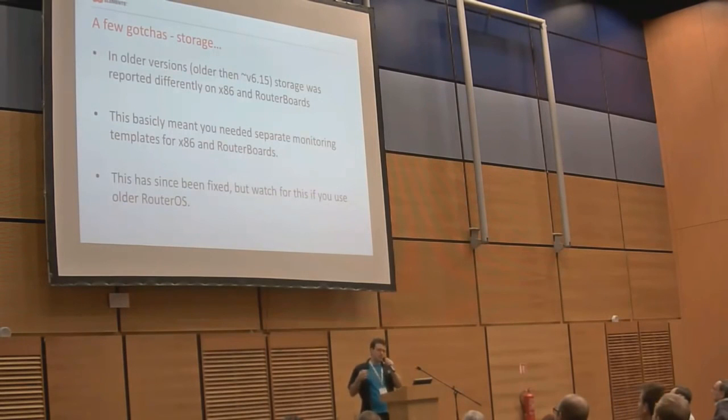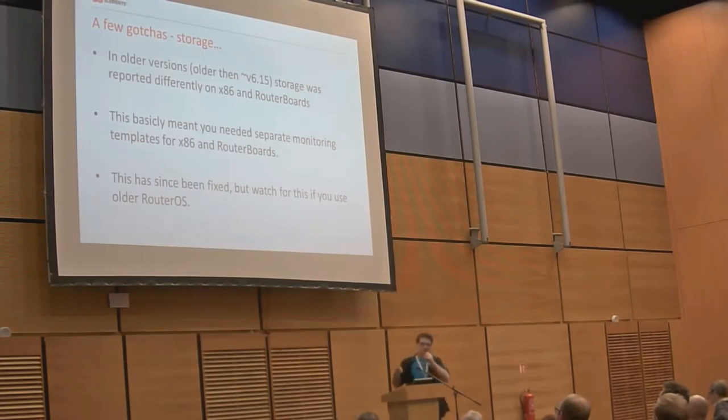So this has since been fixed, but watch out for this if you use older RouterOS versions. So if your NMS is not monitoring the storage usage on your RouterBoard, and the RouterOS version is older than this, then you need to go and look at it, see how it's implemented in the old implementation of SNMP, and create a separate template.